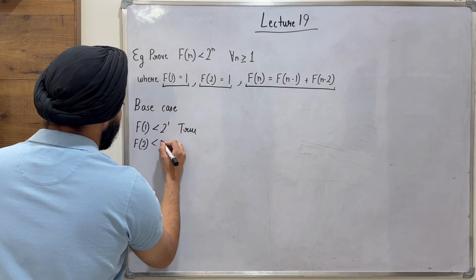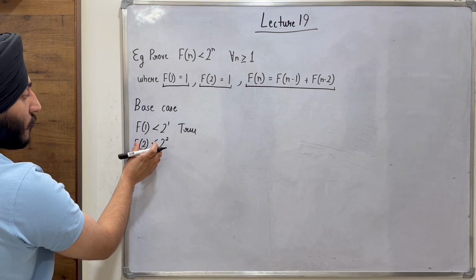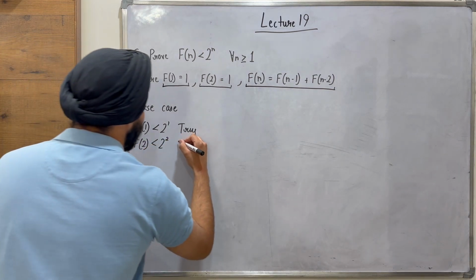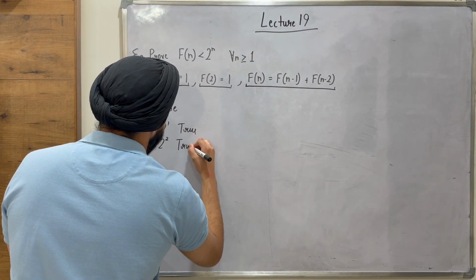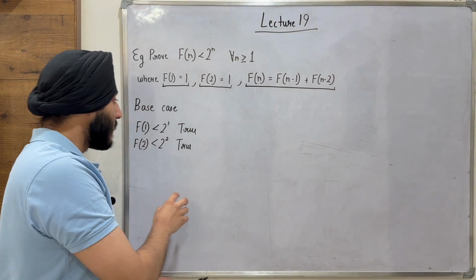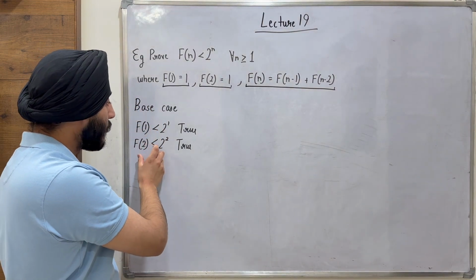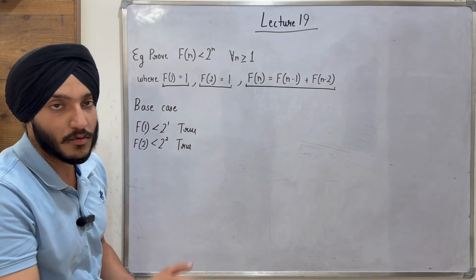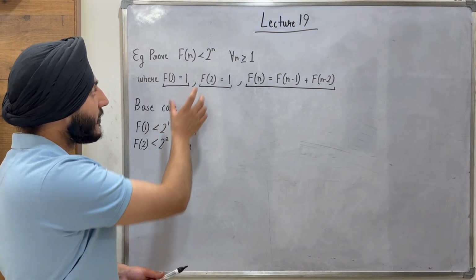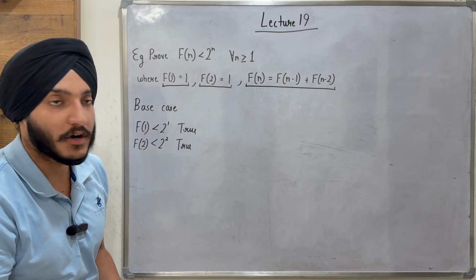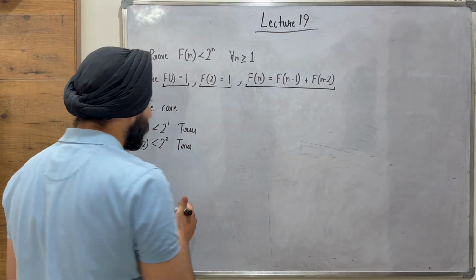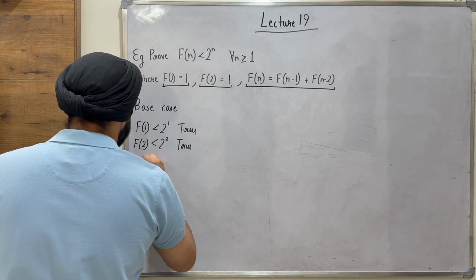Is this less than 2 to the power of 2? So 1 is less than 4, and this is true again. So the base case is proven. I have shown that f(1) is less than 2 to the power of 1 and f(2) is less than 2 to the power of 2. So it is basically true for the first two values of this function. Okay, now let's take a look at the inductive hypothesis.